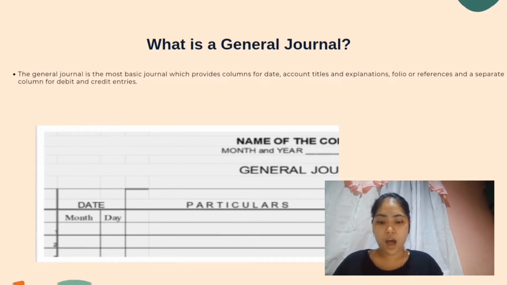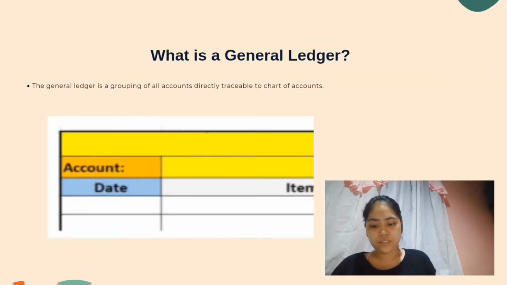The point of the journal is that every transaction is going to have an equal number of debits and credits. The general journal is then what we post to the general ledger, and we use the general ledger to create the trial balance, and then use the trial balance to create the financial statements.